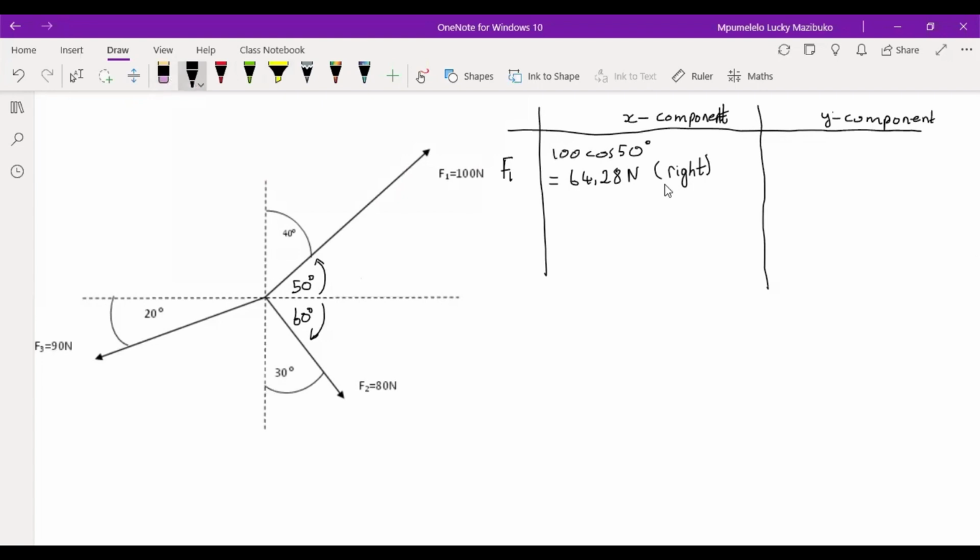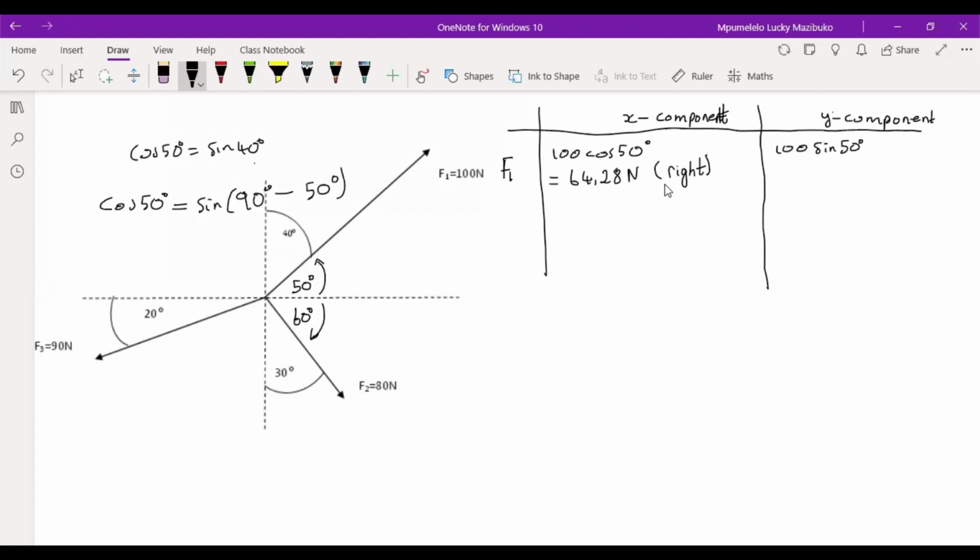This side will be... Yes? The method I used is the beta method. Yeah, that is fine. If you use the beta method, you used sine 40. Remember, cos 50 is exactly equal to sine 40 because they are complementary angles. In mathematics, cos 50 is equivalent to sine of 90 minus 50.